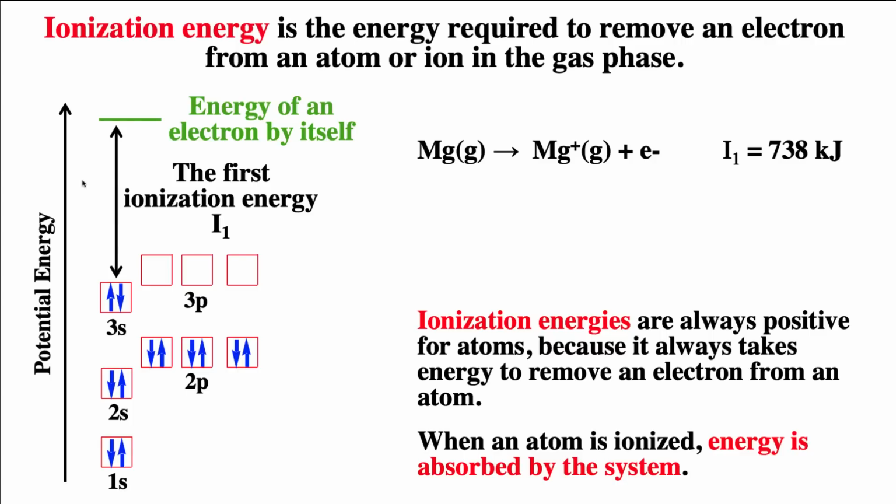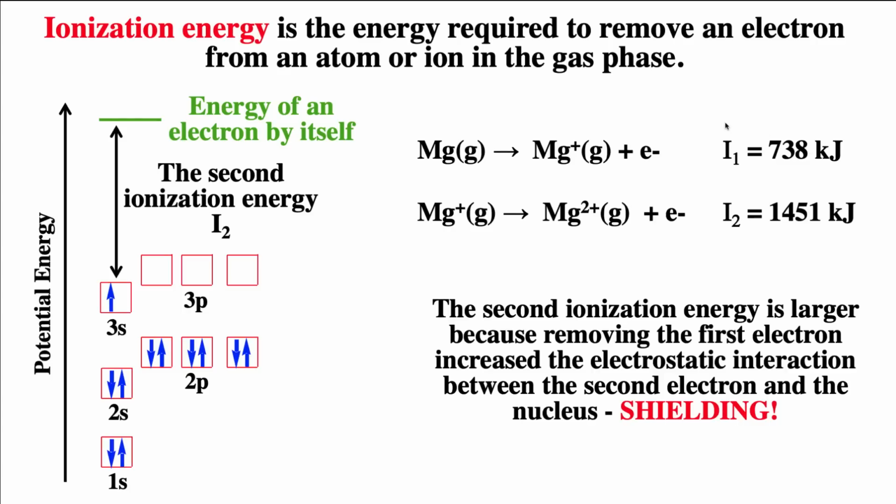And so here we have potential energy. This is magnesium. And so you can imagine that if you had the electron by itself, it would have a very high energy. And so the first ionization energy, first means the energy to remove that first electron, would be the difference between here and there. And for magnesium, that first ionization energy is 738.